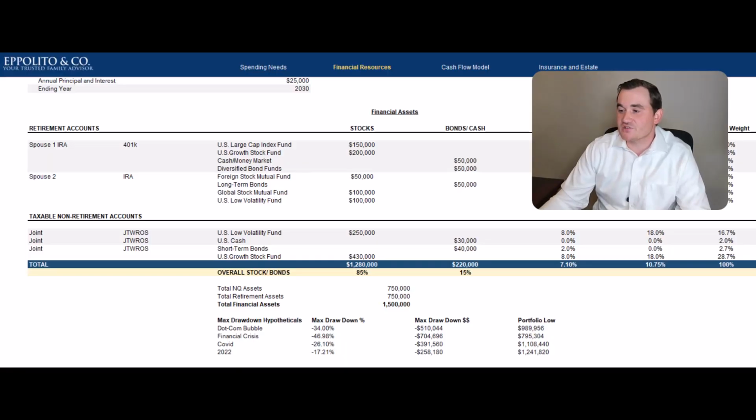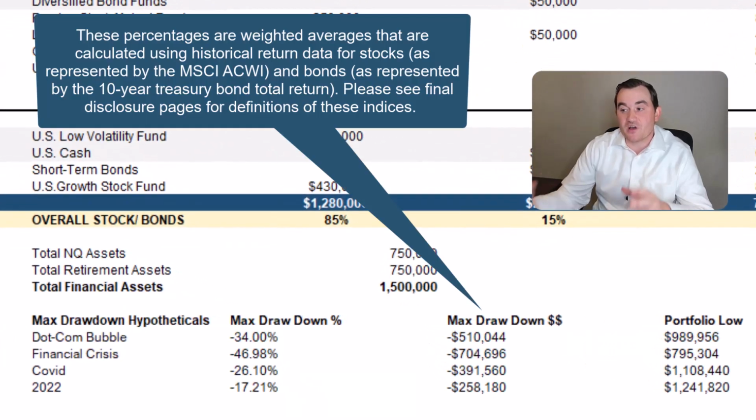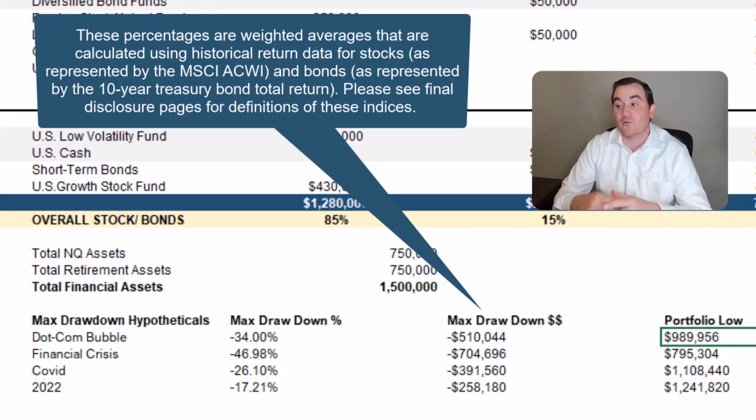All right, so based on this couple's current allocation of 85-15 stock to bond, historically, based on that allocation, the amount of money that they have today during the dot-com bubble, their portfolio would have dropped by roughly $500,000 to around $1 million. In the financial crisis, they would have lost around $700,000 at the low point of 2009 in March.